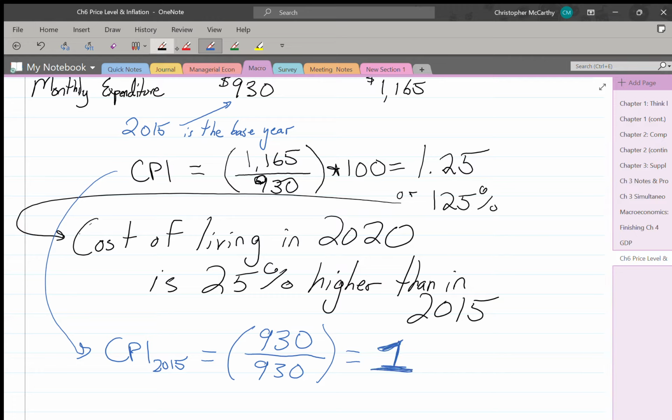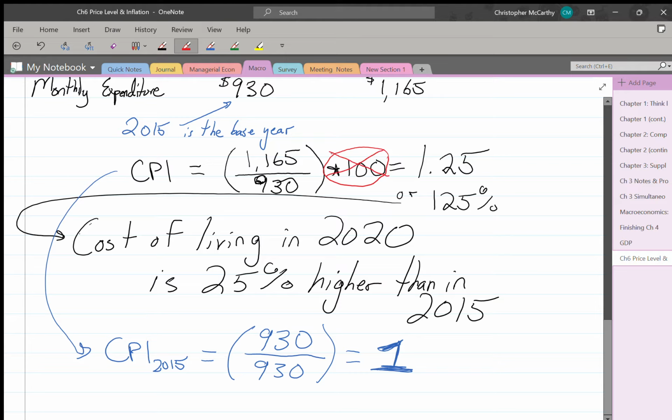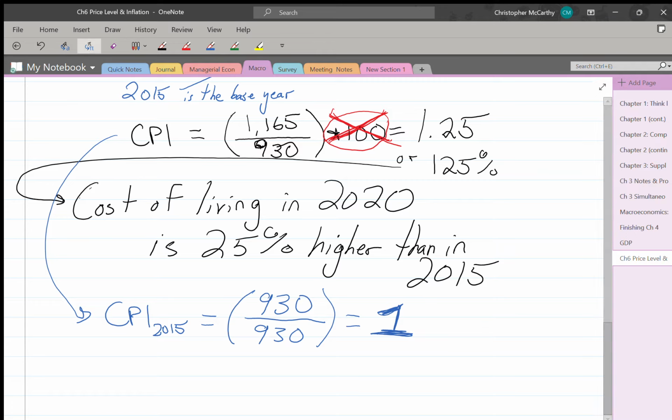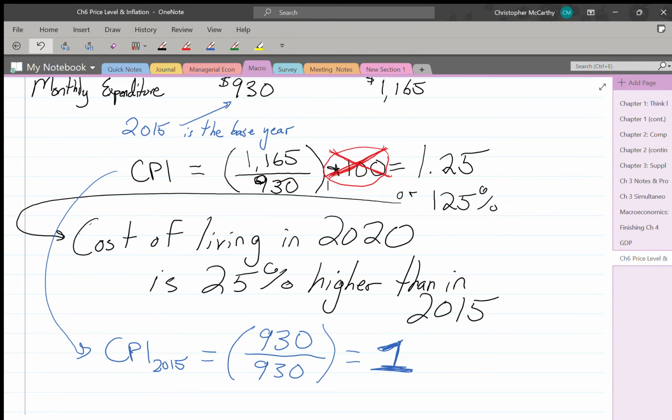I don't know why this 100 is here. This PowerPoint has a lot of errors in it, so just get rid of this. Get rid of this times 100. Because the CPI is always... well, the BEA, that's why. So let's get rid of the X's and we'll just circle it and talk about it.